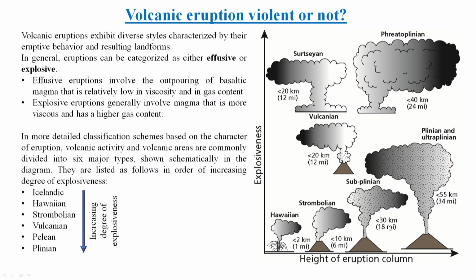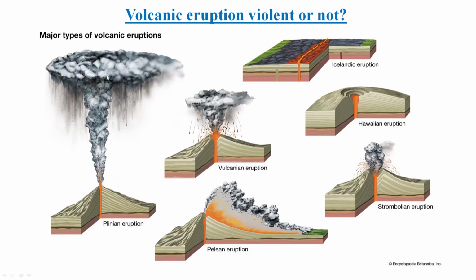For the Subplinian type, it is below 30 kilometers. Vulcanian type, it is near about 20 kilometers. And for the Phreatoplinian type, it is extremely violent and explosive, and the eruption column may go up to 40 kilometers even. So again, this is the explosive eruptive column of the volcano.